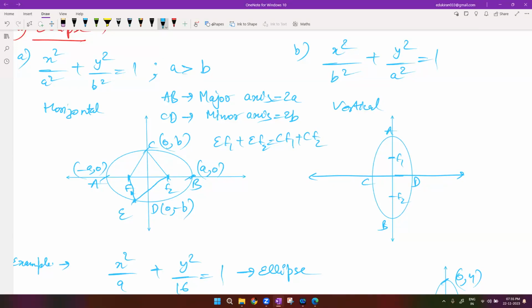Right, and this sum is also, by the way, equal to 2a. I guess it is 2a. Just give me a minute.